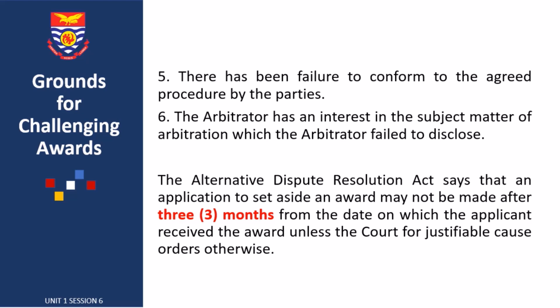In all cases, if you want to challenge the arbitration award, you have to challenge within 3 months after judgment has been given, unless you state a justifiable cause. So after the 3 months, if you can give the reasons why you were not able to challenge within 3 months, the court will accept. But now, if you want to challenge, you have 3 months to do so.